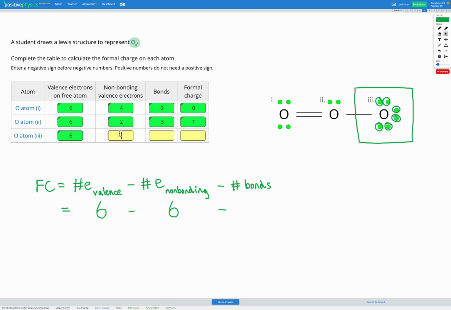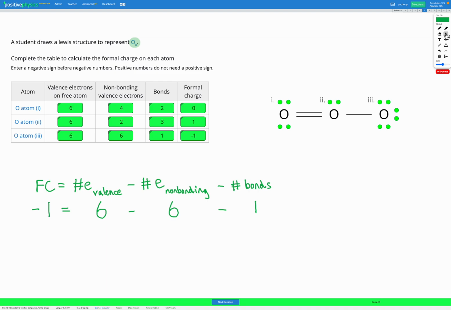And the number of bonds, we just have one covalent bond here. For our formal charge calculation, we're doing the number of valence electrons, which was 6, minus the number of non-bonding electrons, which was 6, minus the number of bonds, which was 1. So 6 minus 6 minus 1 gets us negative 1. So our answer is negative 1 for the formal charge on that last oxygen.